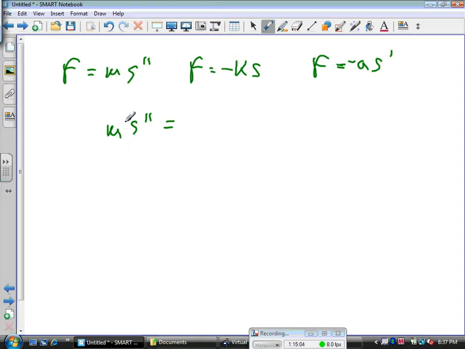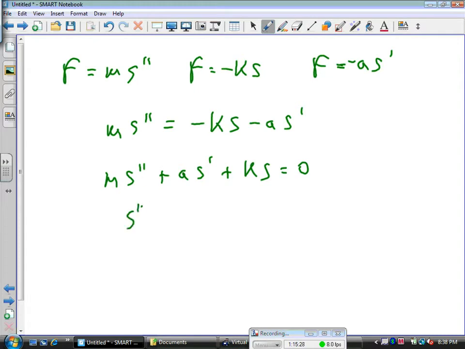So the total force working on this spring is equal to this. The sum of all forces, right? Okay. Which I could write this way, if I wanted to. Or I could even write it this way.